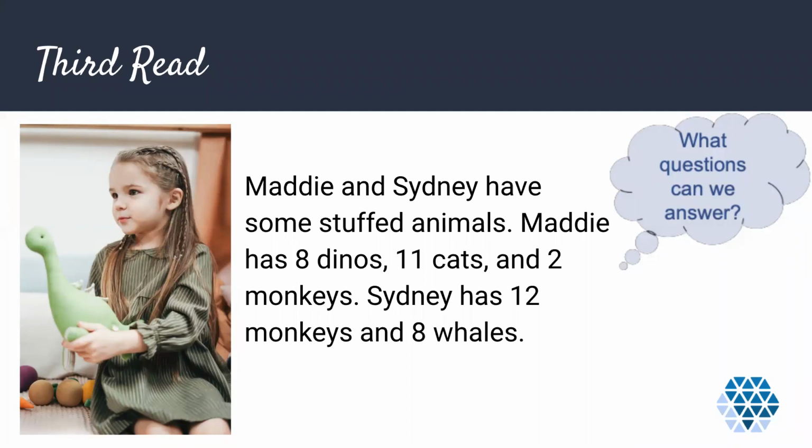Then students can split into small groups, and you can have each group choose which question they want to answer. And this is where you really get high engagement by giving them choice. They can choose which question they want to answer and then work with their group to create a model to show the solution for that.